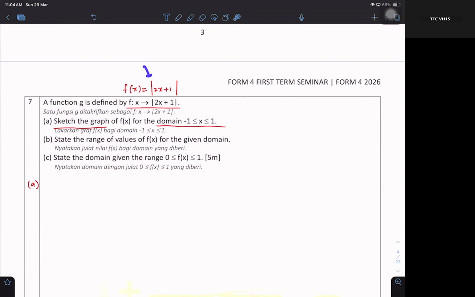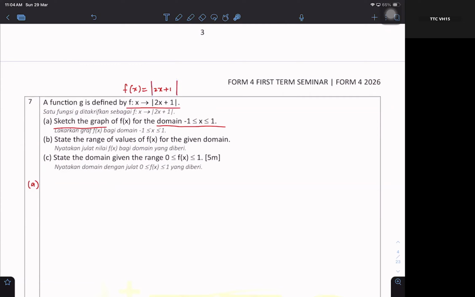This line is called modulus. You all still remember what is the meaning of modulus? Modulus means everything becomes positive.